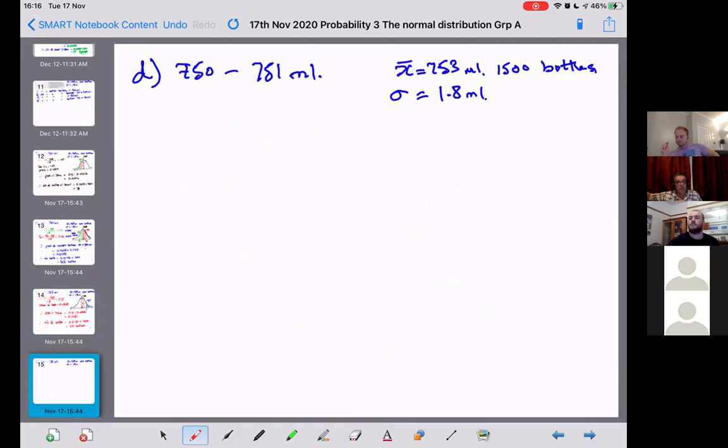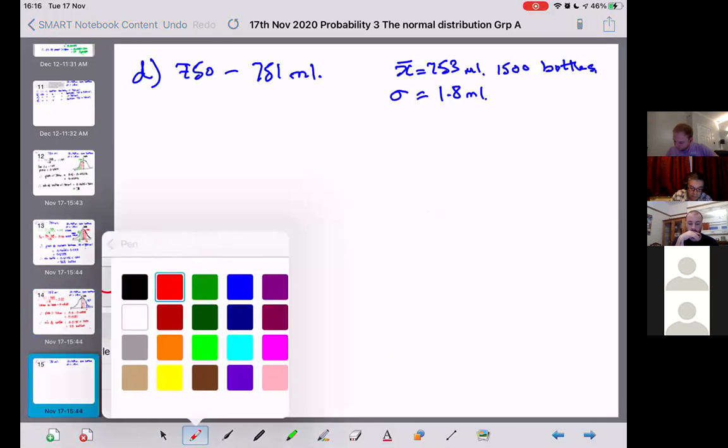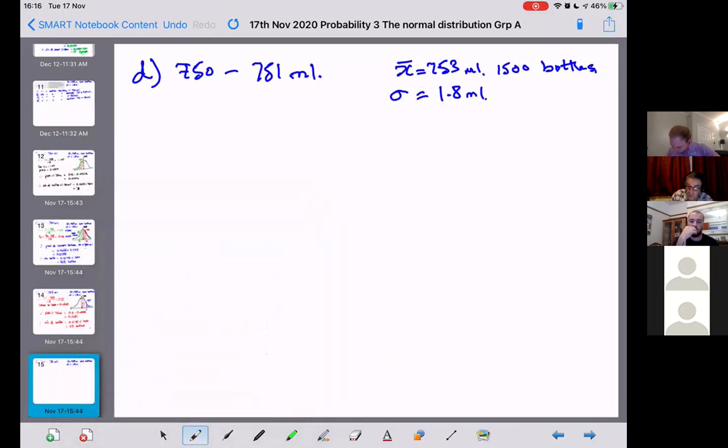Right. The last one's a little bit tricky, and a diagram showing what you're trying to do would be really helpful here, and it might even be helpful to split it up even further. Here's our overall bell curve.